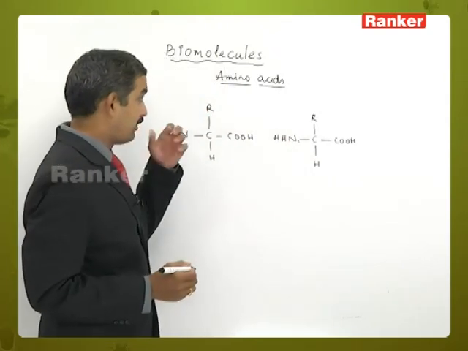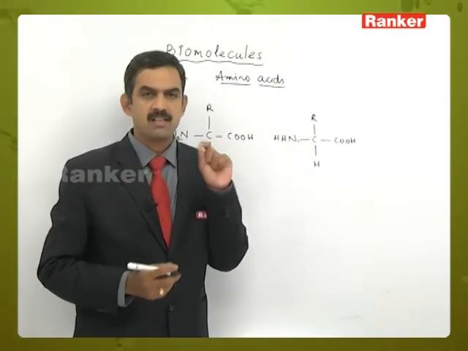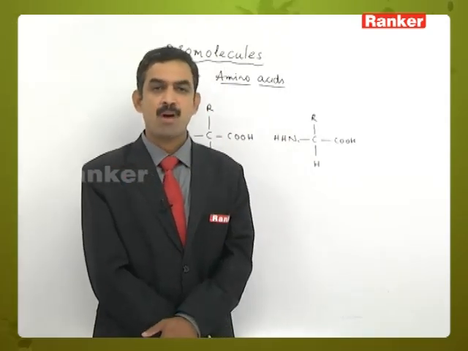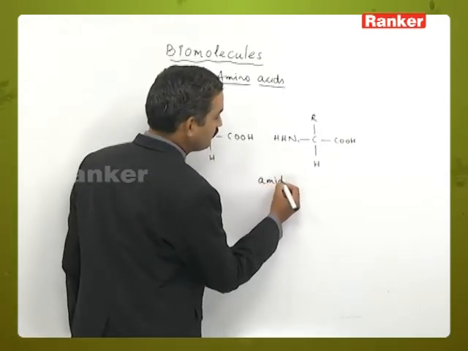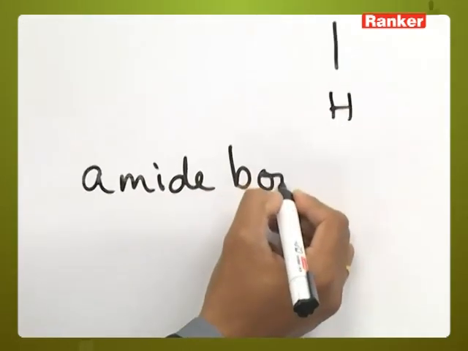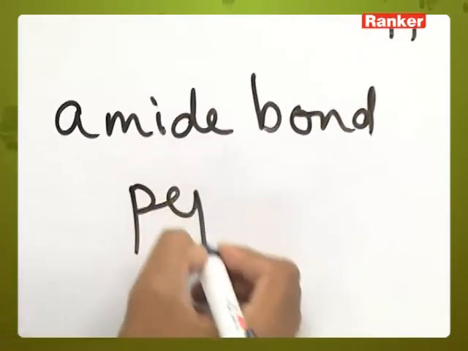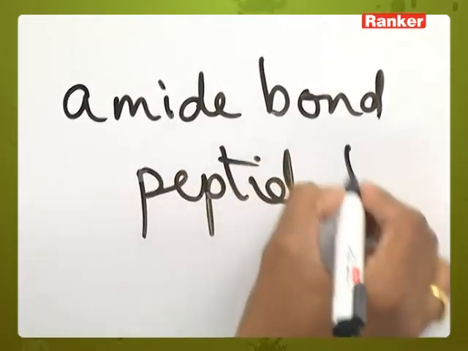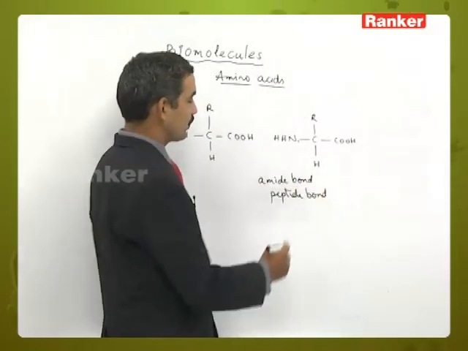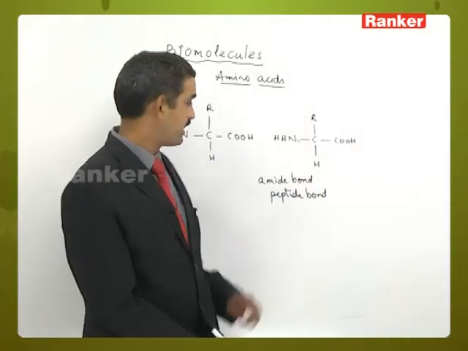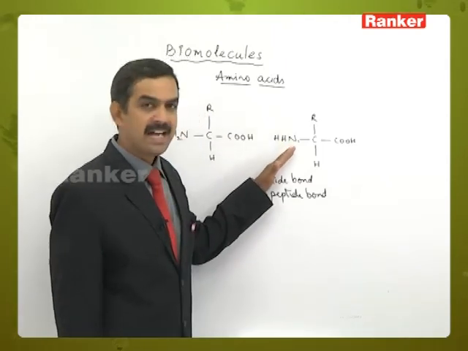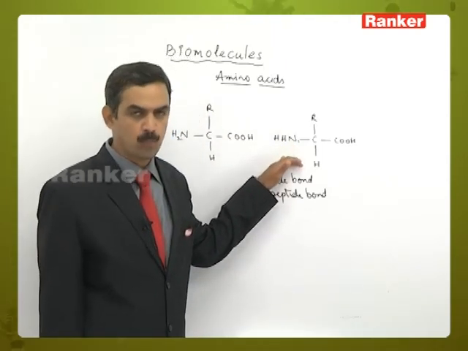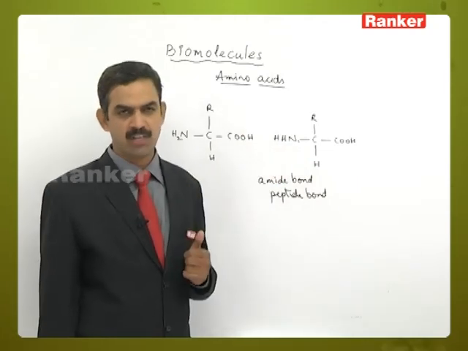Here amino acids are bound with a bond called an amide bond actually, but it is more popularly known as a peptide bond. This peptide bond is formed between the carboxyl group of one amino acid and the NH2 group, that is the amino group, of the adjacent amino acid.